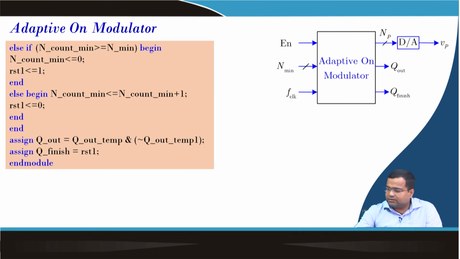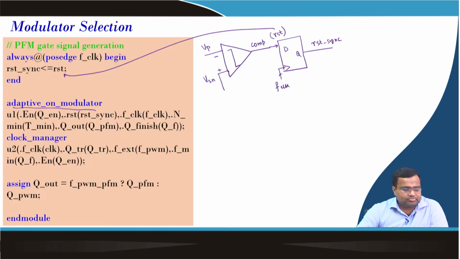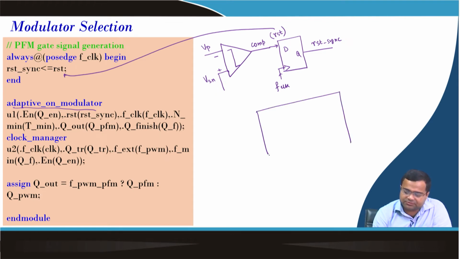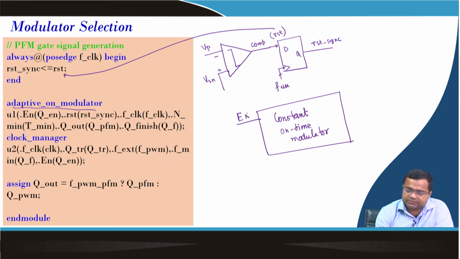Sorry, in lecture number 96 we also discussed that the constant on time modulator requires an enable pulse, and a high frequency timer circuit like a N times on time.